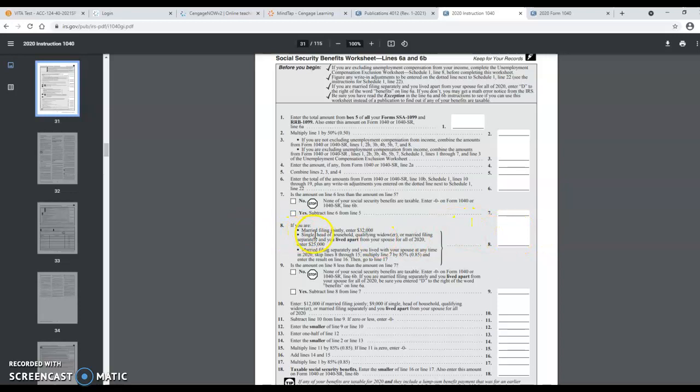So line 8, if they're married filing joint, they would put $32,000 in there. And then you follow these rules for line 9 and get something. Line 10, you enter $12,000 if married filing joint, that's them, and then you subtract line 10 from 9. From then on down, you just follow those instructions right on the worksheet, and you'll see if any of their Social Security is taxable.